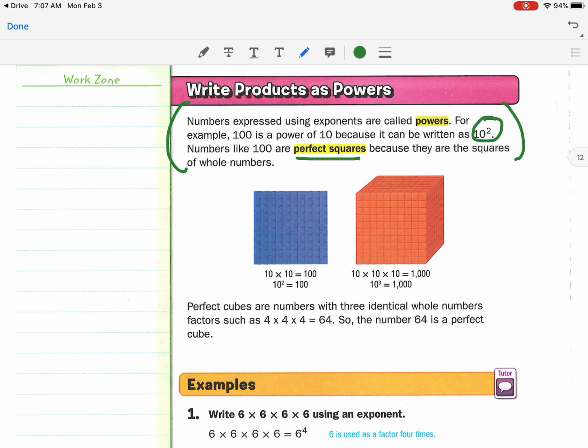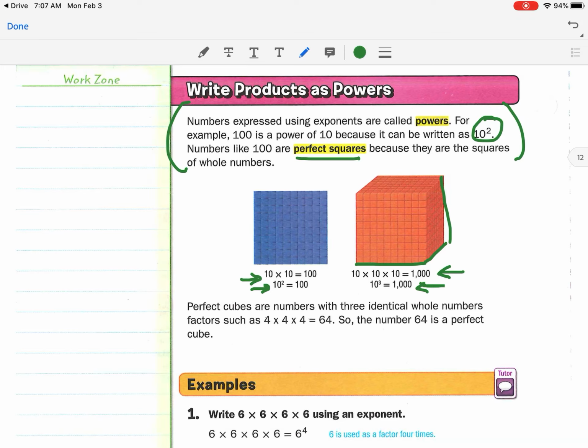So for example, here we go. So 10 times 10 is 100. So we would write that as 10 to the second power, or 10 squared. You can say it either way. Here, we would write, this is 10 times 10 times 10, which gives us 10 to the third, which is the same as 1,000.